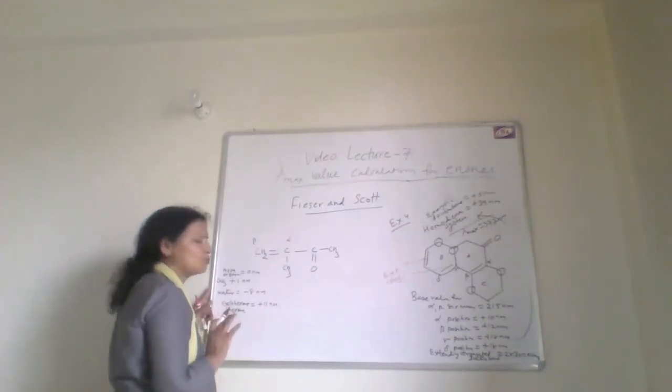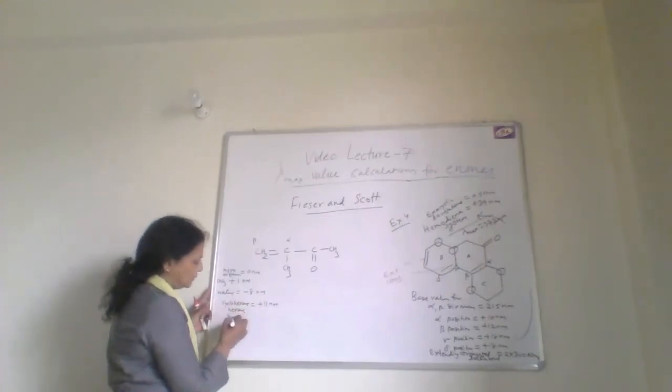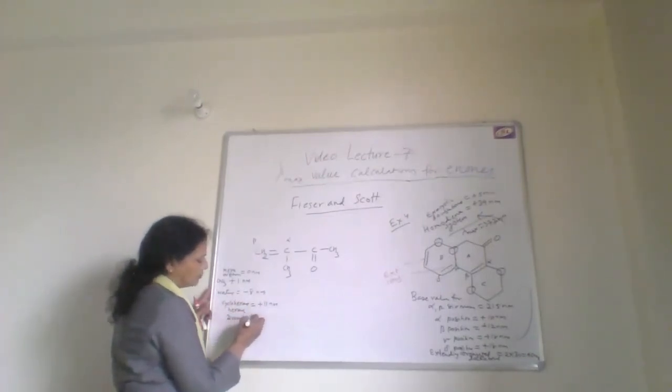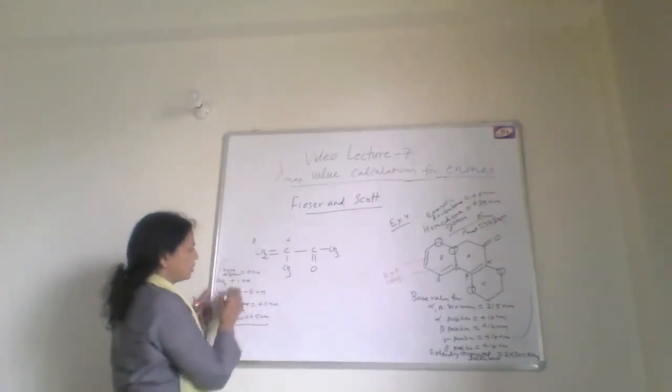If dioxane, plus 5 nanometers. So these are the values for solvent correction.